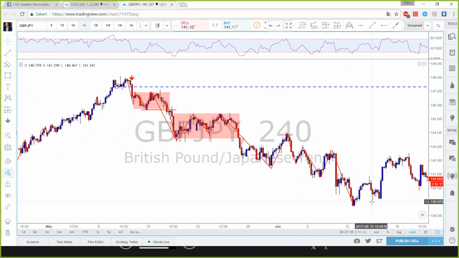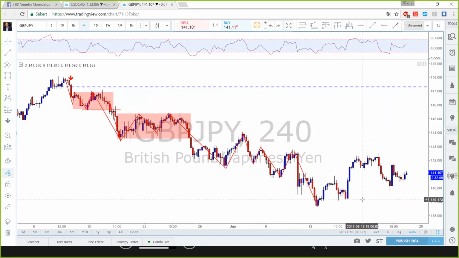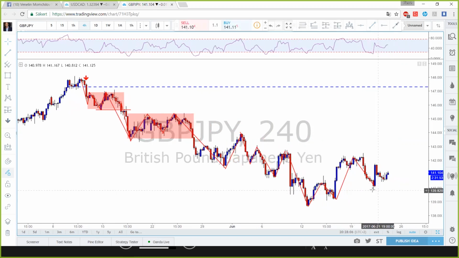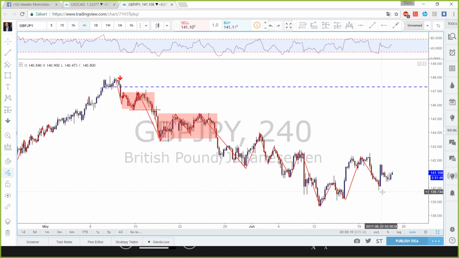It gave us this double bottom, and now we did just make our first major higher high in this trend, and possibly our first major higher low too.